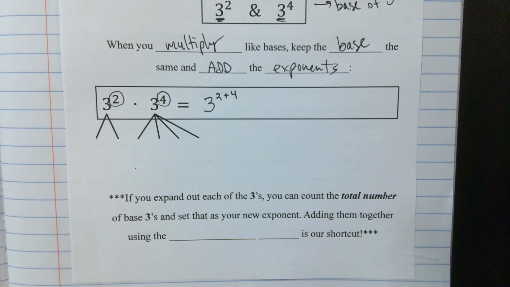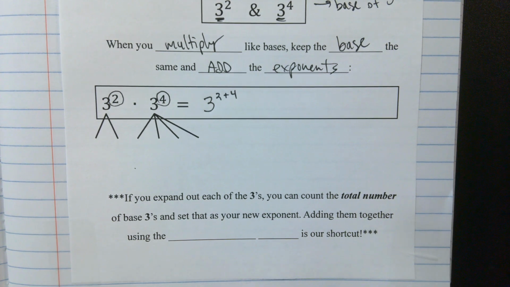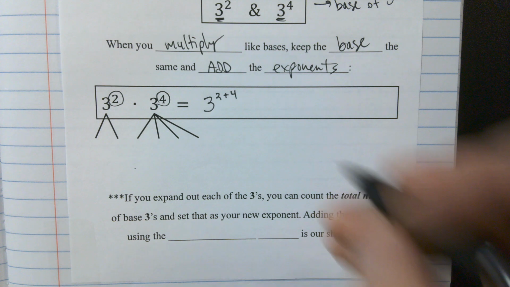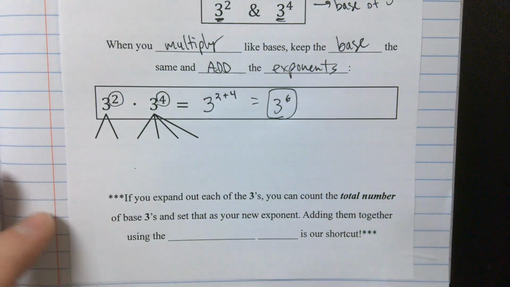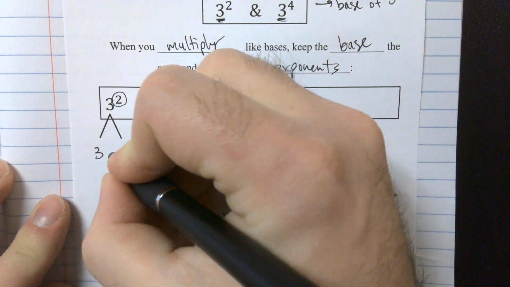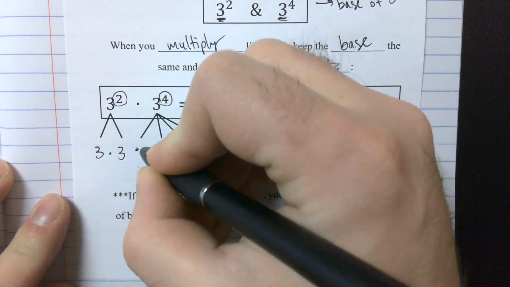You guys see that? What is 2 plus 4? 6. Is that the same exponent we found by breaking it all out? Yes. Exactly. So my answer is 3 to the 6th power, like we see up on the board.